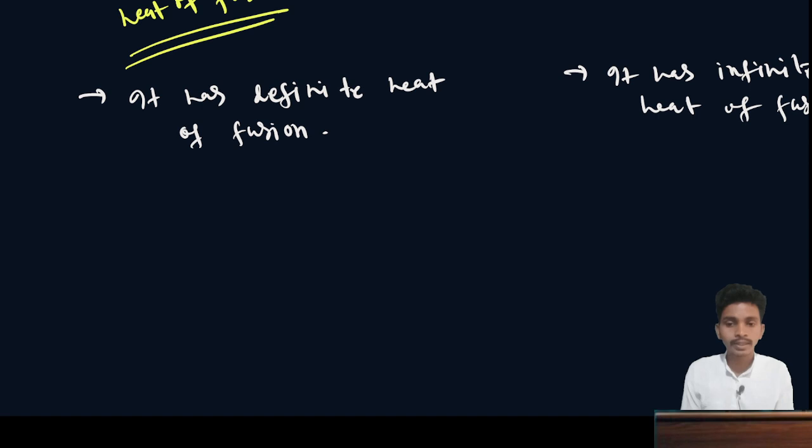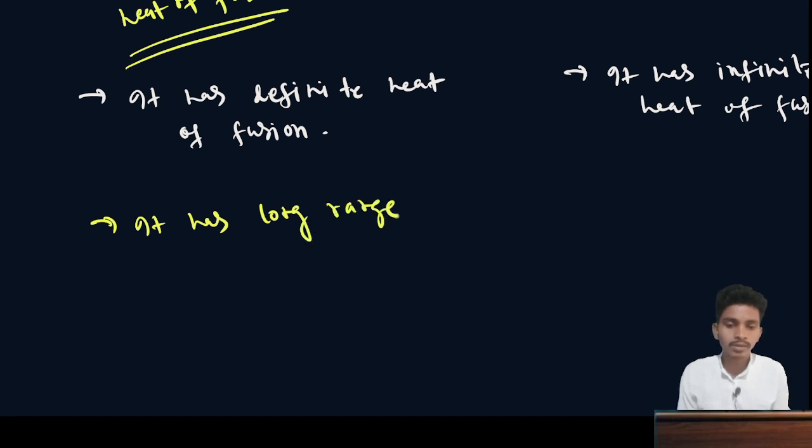And another way we can distinguish is that crystalline solids have long range order, and amorphous solids have short range order.